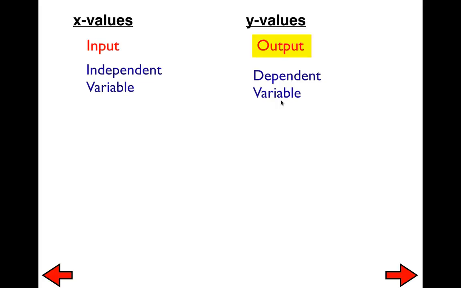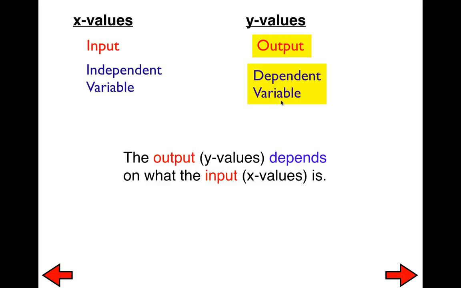Now, something that you need to understand is the fact that your output, aka your y values, depends on what you input for the x values. So the only way we generate an output is by depending on the input. Okay, so keep that in mind. Your y value is dependent on your x value. Therefore, y is your dependent variable.